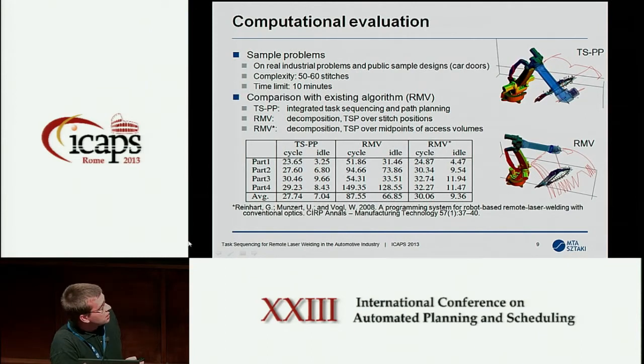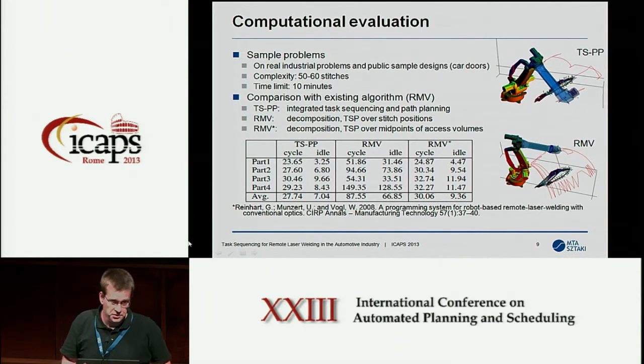As opposed to that, our approach will find a much smoother and much shorter path. And for this reason, it turned out that in some cases, we can be like 4 times faster in cycle time compared to the previous approach.